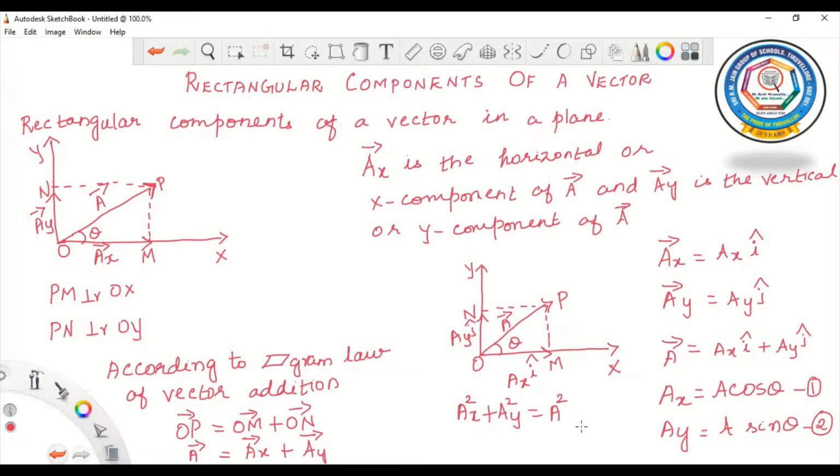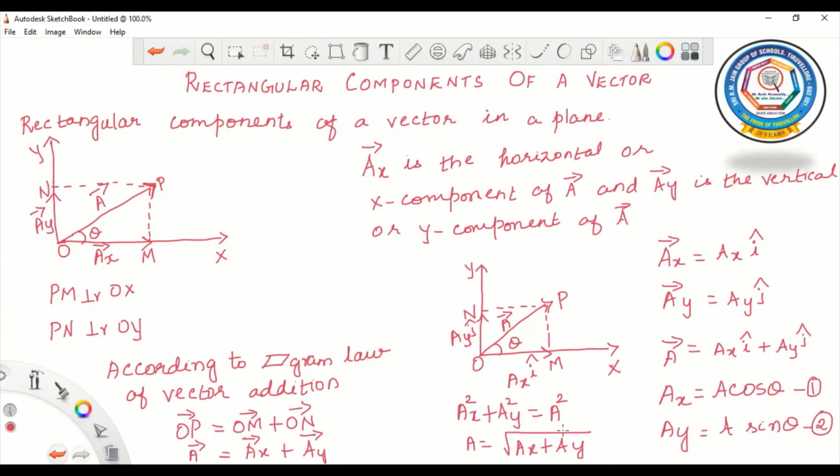Cos square theta plus sin square theta is equal to 1, right? Or else you can also write that A is equal to root of AX square plus AY square.